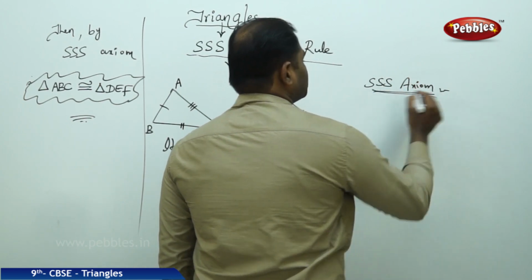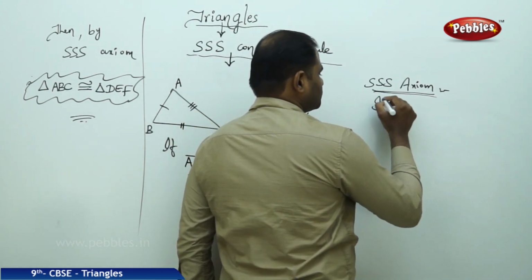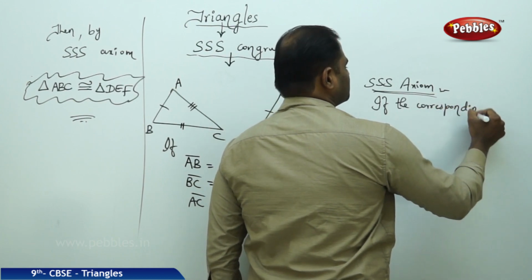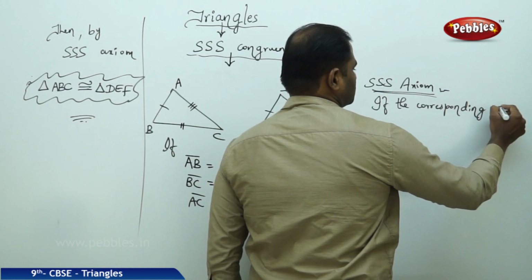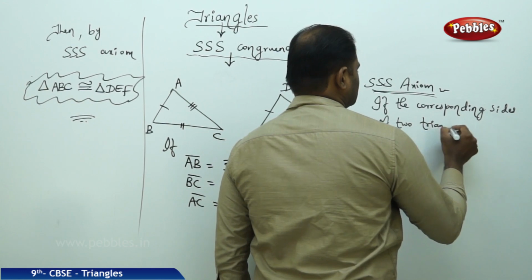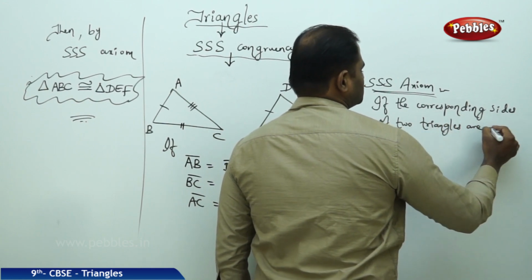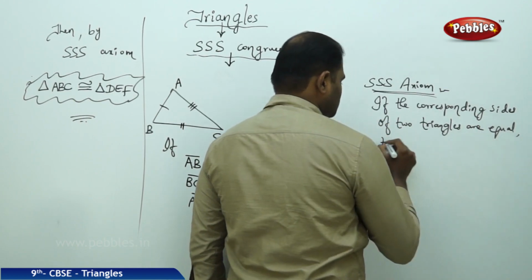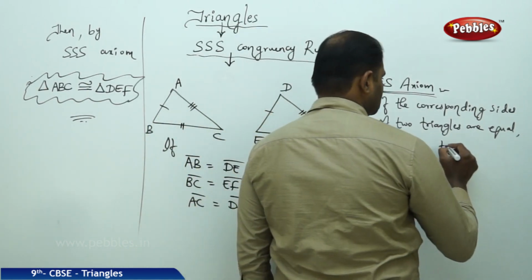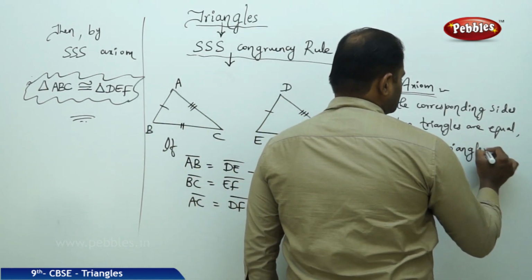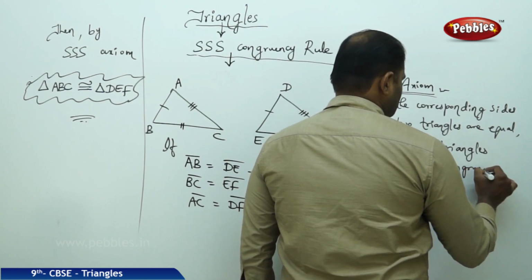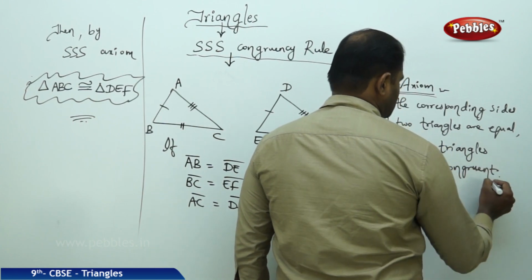So let's write this in a statement. If the corresponding sides of two triangles are equal, then the triangles must be congruent.